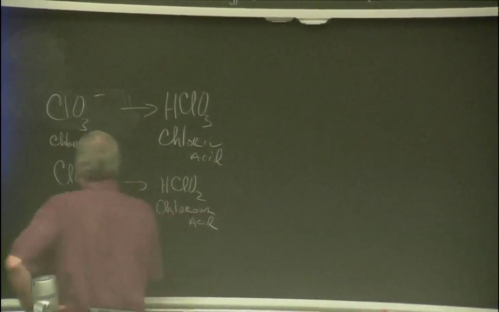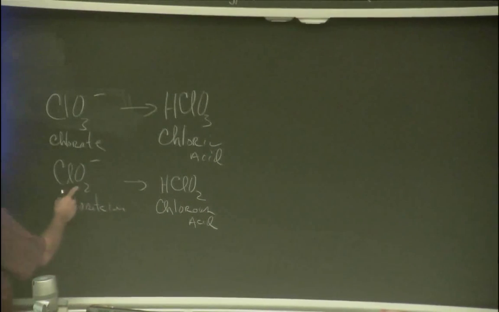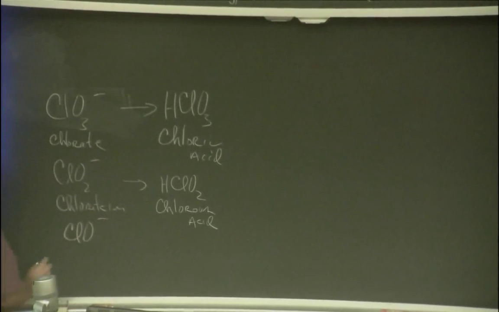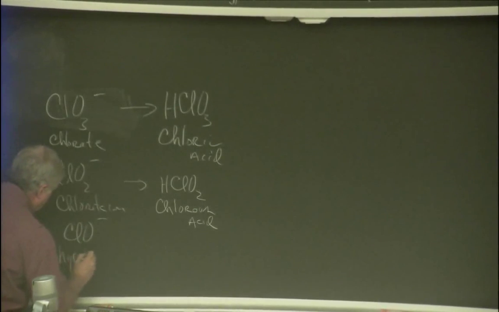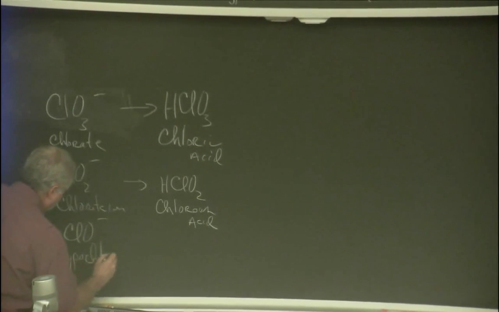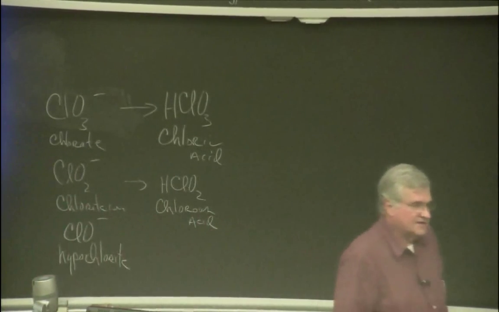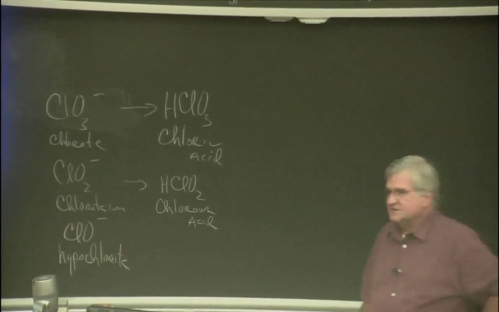All right. The chlorite, it turns out we can take off one more oxygen to get this. Okay, now this is called not chlorite, but hypochlorite. Hypochlorite ion. Now that can take one hydrogen, is that correct?